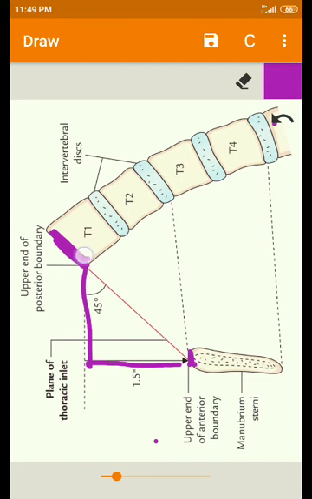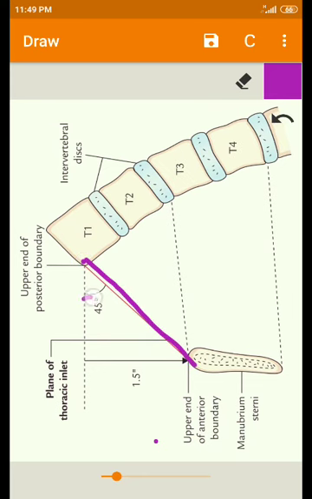The manubrium sterni is 1.5 inches lower than the posterior part, so that the upper border of the manubrium sterni lies at the level of the upper border of the third thoracic vertebra. So the plane of the inlet is directed downwards and forwards at an angle of 45 degrees, and the anterior part lies 1.5 inches below the posterior part.